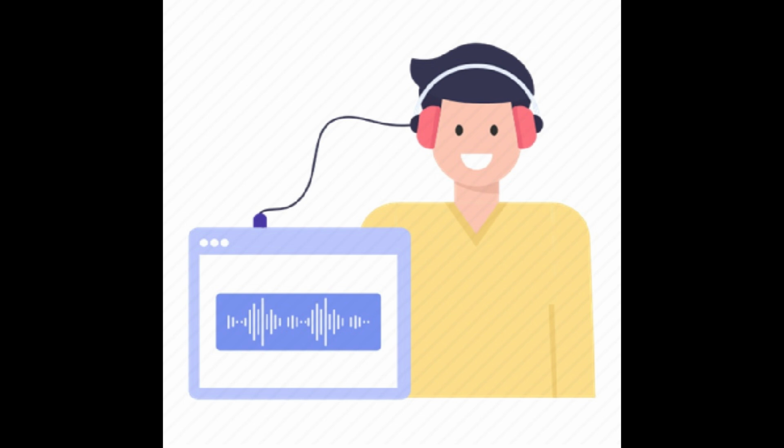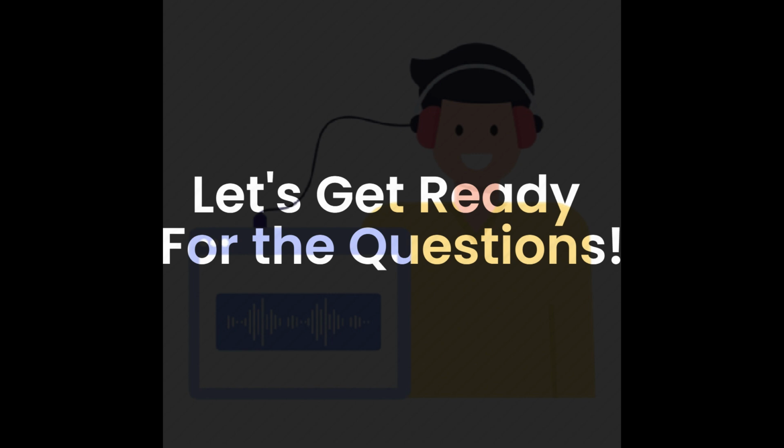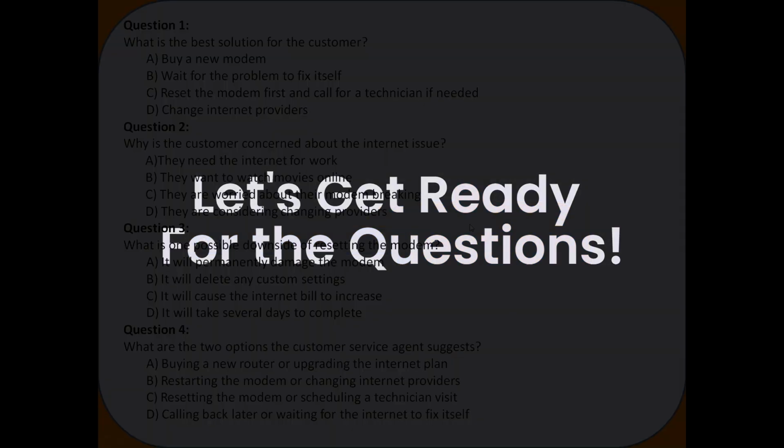Another option is to send a technician to check your connection, though that might take a couple of days. I work from home, so I really need the internet to be stable. What do you recommend? If you need a quick fix, resetting the modem might help immediately. But if the problem keeps happening, a technician visit would be best. Okay, I'll try resetting it first. If it doesn't work, I'll call back for a technician.